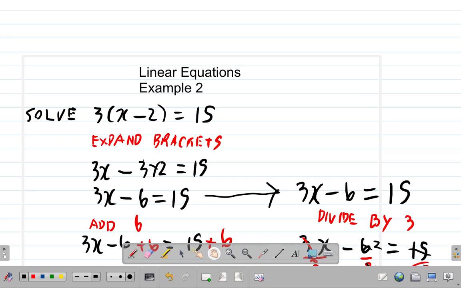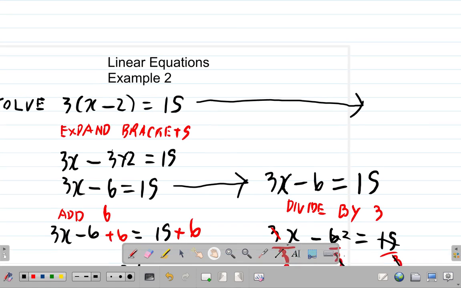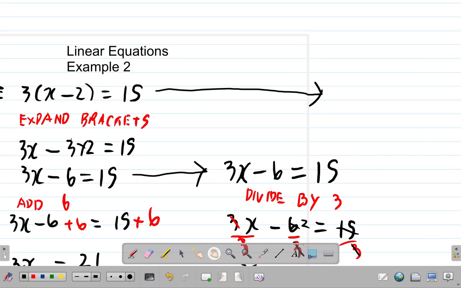Now, yet another approach you could have taken, because remember, there is no one way to do these problems. You have different ways how you can do them. We started by expanding the brackets. What we had was 3 times x minus 2 equals 15.